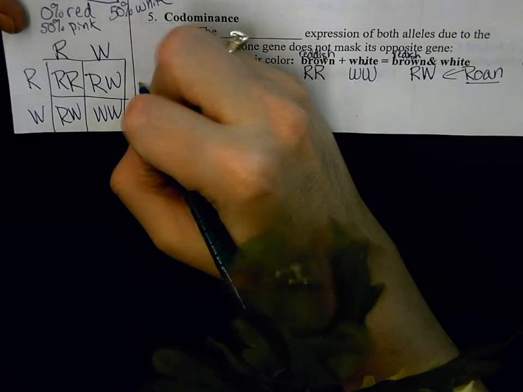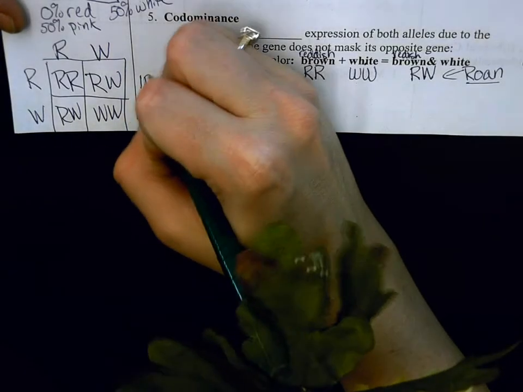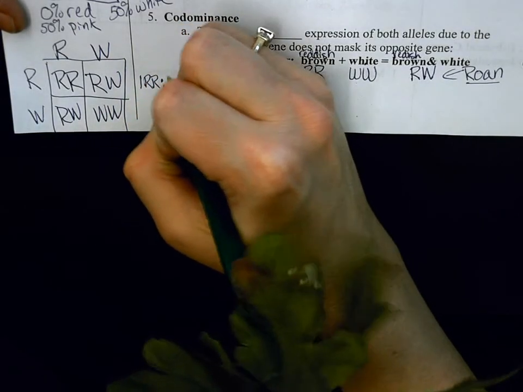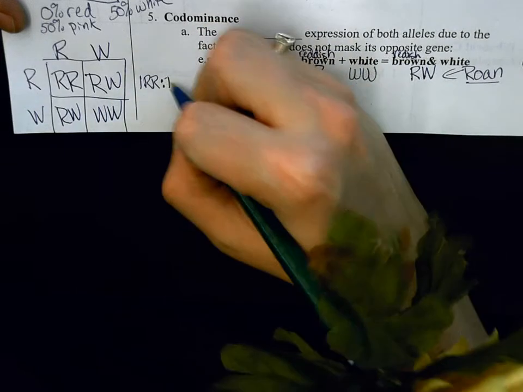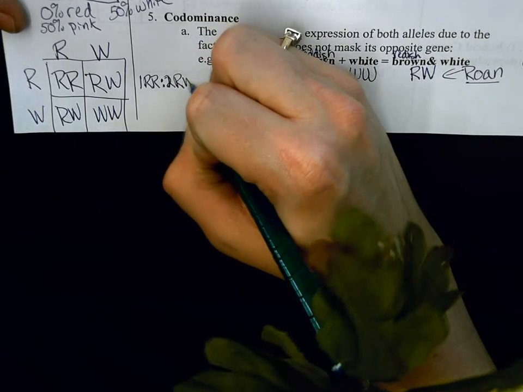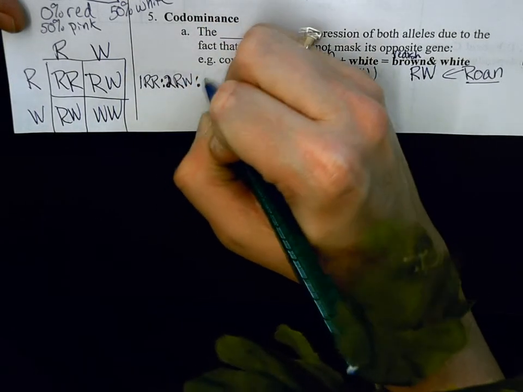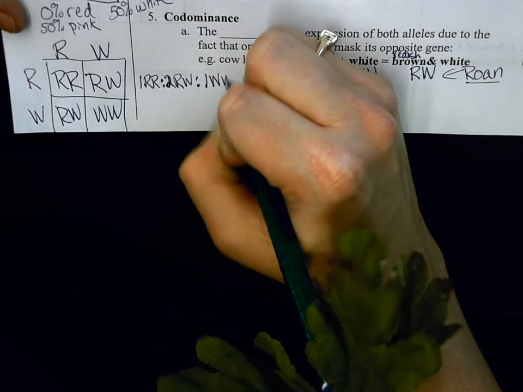If I were to write the genotypic ratio for this, I would say the genotypic ratio is 1 capital RR to 2 capital RWs to 1 WW.